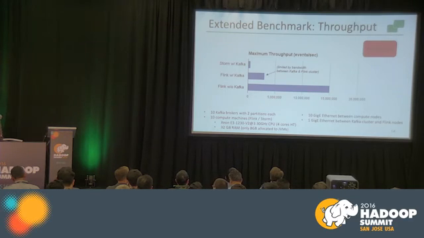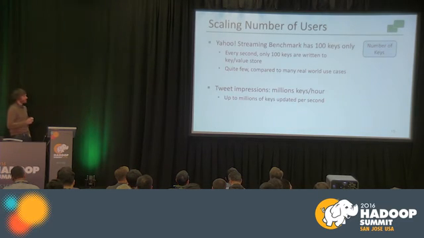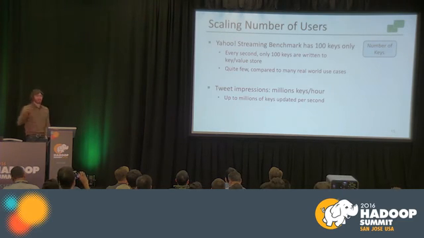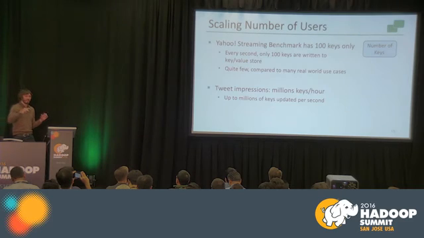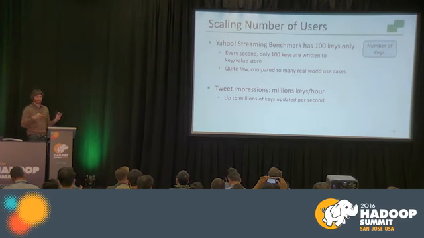Now the last interesting number was, how does it scale with different numbers of keys? And there, when we started out with a streaming benchmark from Yahoo, they really didn't want to create a bottleneck on the key value store, so they picked like 100 campaigns. So it was basically 100 keys that you computed aggregates for.